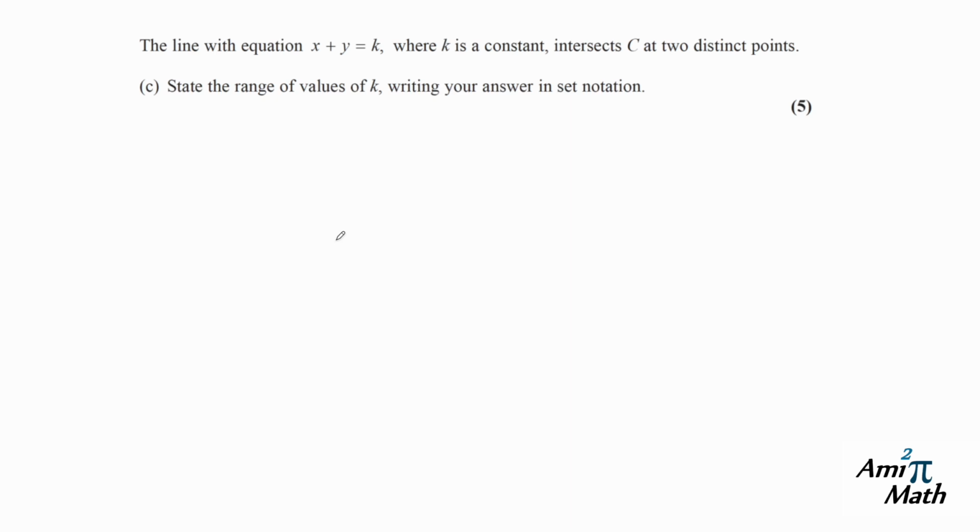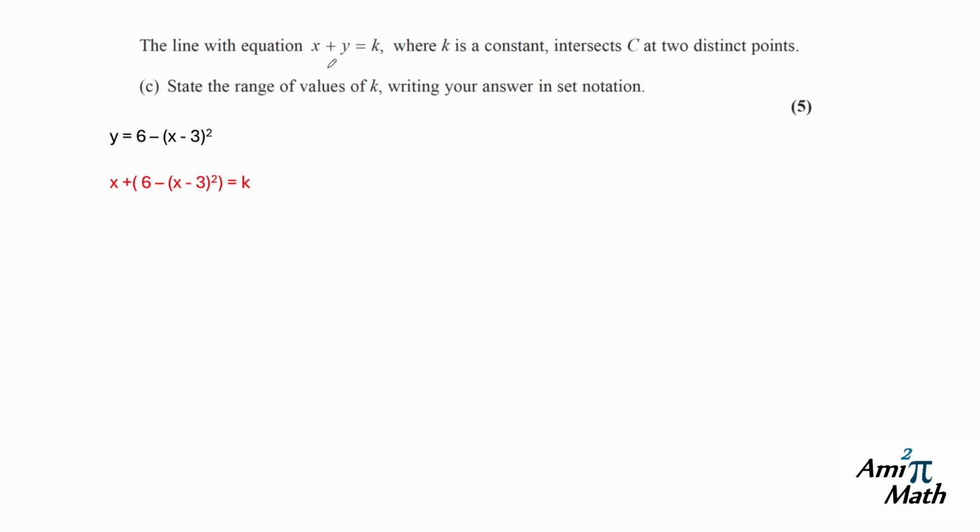The line with the equation x plus y equals k, where k is a constant, intersects C at 2 distinct points. State the range of values of k, writing your answer in set notation. So this all follows on from our question before, and obviously this is the equation from before as well.